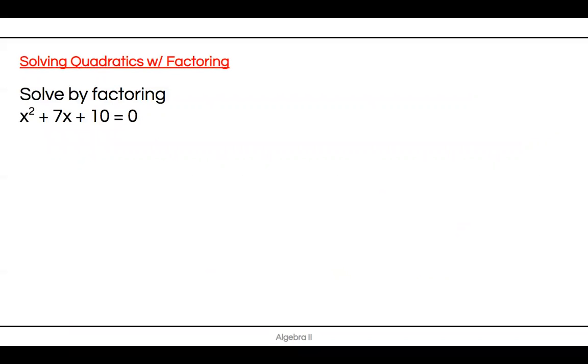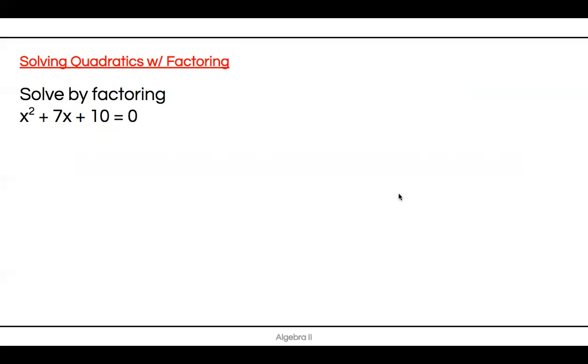All right, so our first example says solve by factoring. So we have x squared plus 7x plus 10. So the first thing we're going to do is actually factor. So the same thing that we did in the warm-up. So let's review the factoring again.